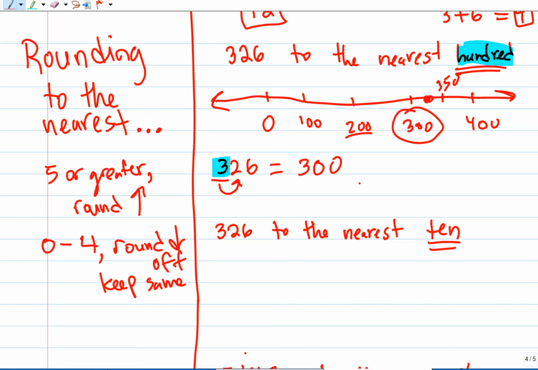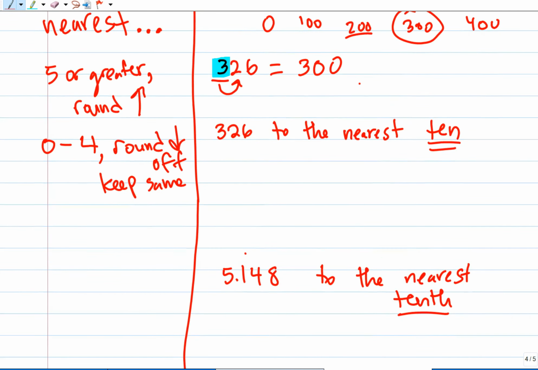What if I did 326 to the nearest 10? I'm going to keep thinking about the number line, but I'm not going to start at 0 this time. I'm going to start at 300, and I'm going to count by tens: 300, 310, 320, 330, 340. Where is 326?